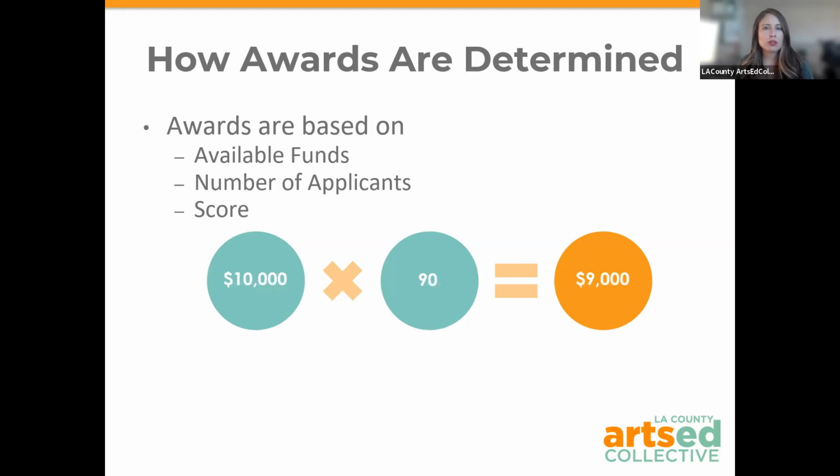Several variables could affect the final awards. These include the total number of eligible applicants and the total amount of available funding to be distributed by the ArtsEd Collective. Final awards may be adjusted across all applicants according to the available funds for the pool of the current grantees.